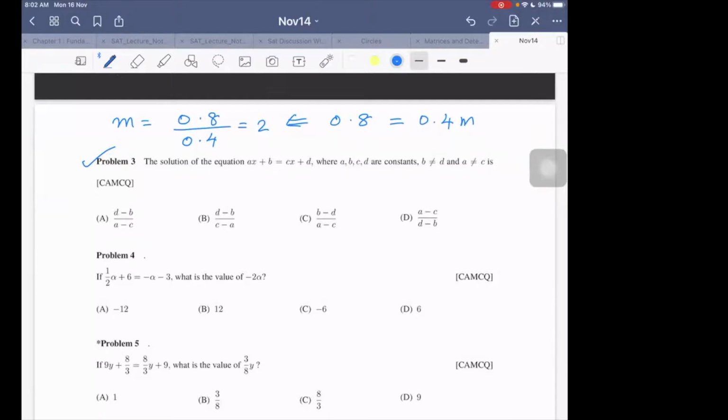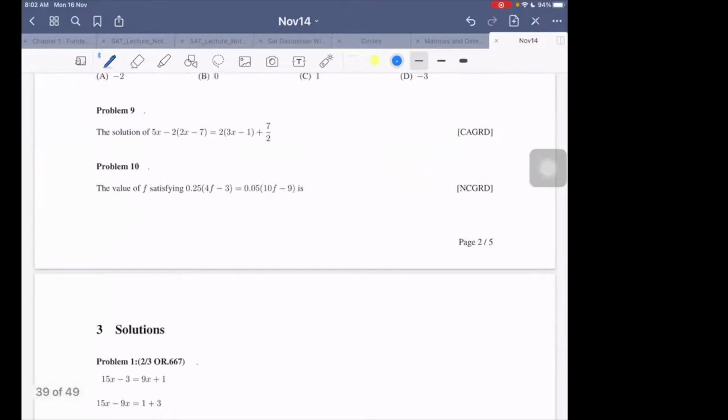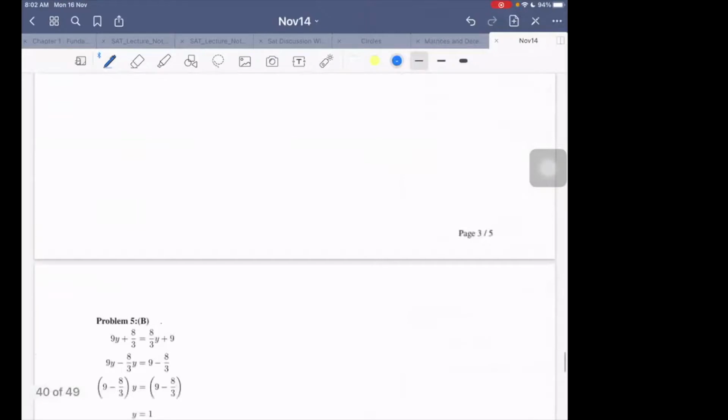So the solution of the equation ax plus b is equal to cx plus d, where a, b, c, d are constants, b not equal to d, a not equal to c. We are still discussing linear equations in one variable.